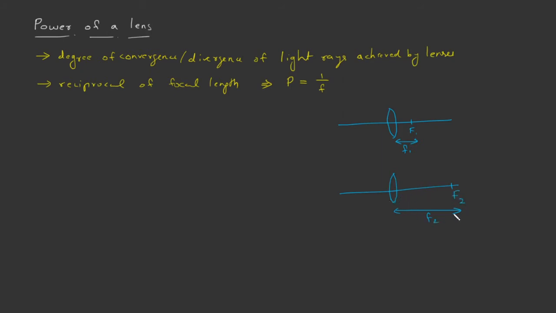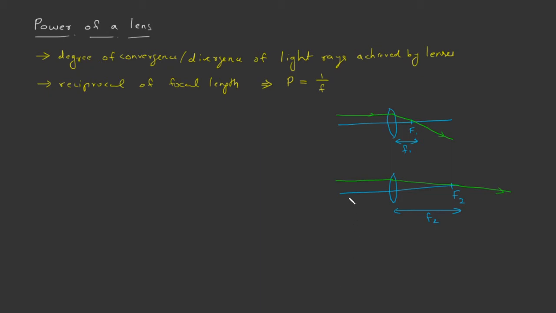We can denote it as f2. What happens to the rays? This ray will converge more than this ray. So in the first case, the ray will converge more by focusing them closer to the optical center.